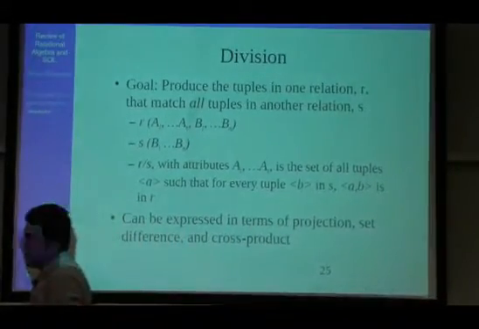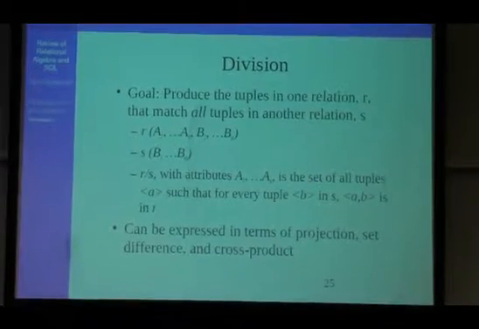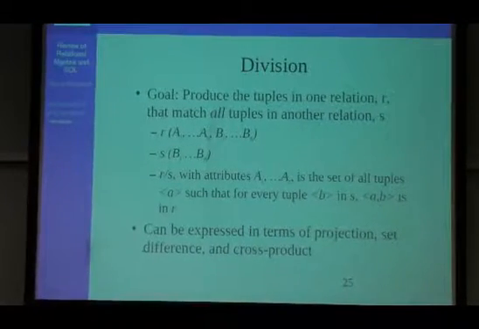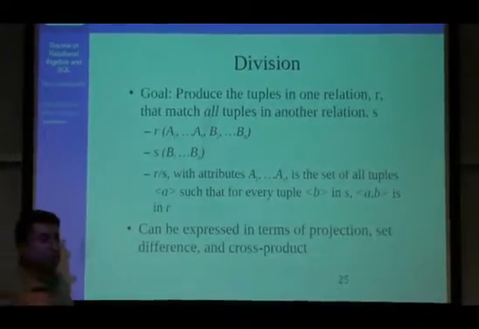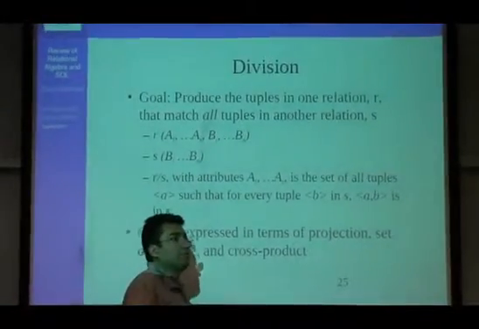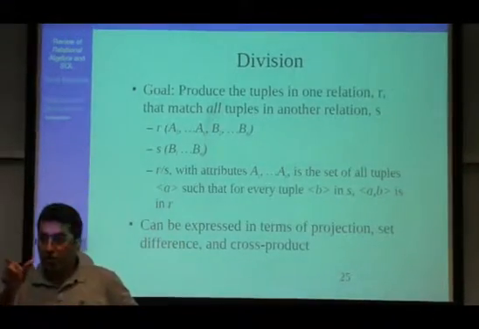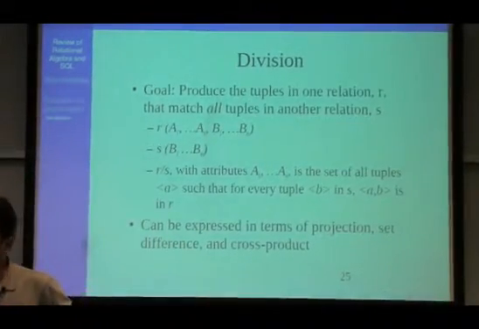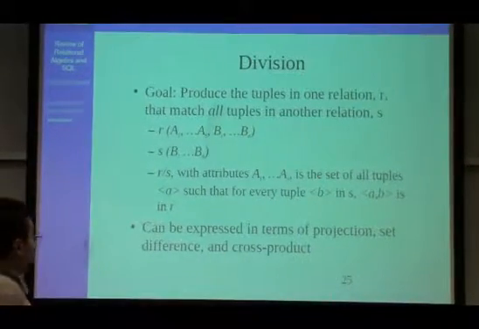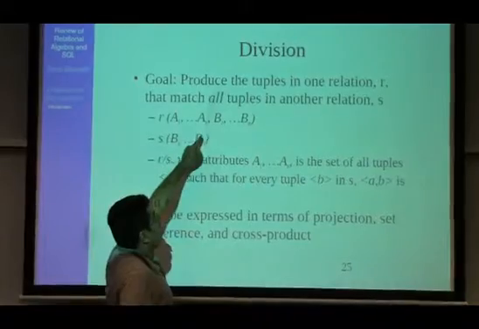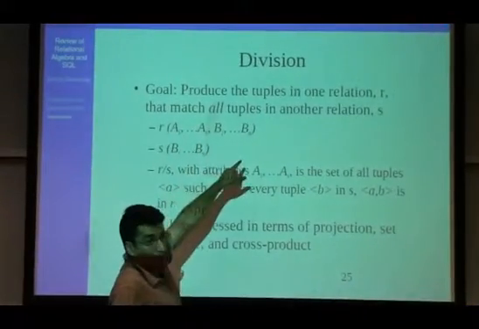Another important operator is division. The goal of the division is producing the tuples in one relationship that include all of the tuples in another relationship. Suppose that you have 2 relationships. One is R, with attributes from A1 to AN and B1 to BM.